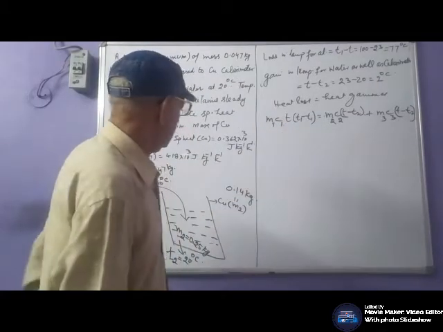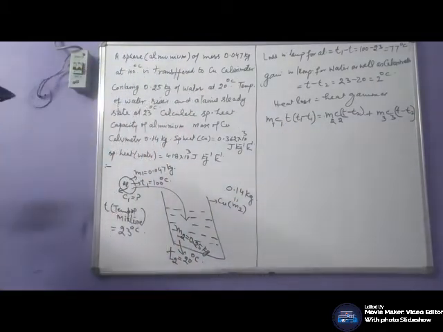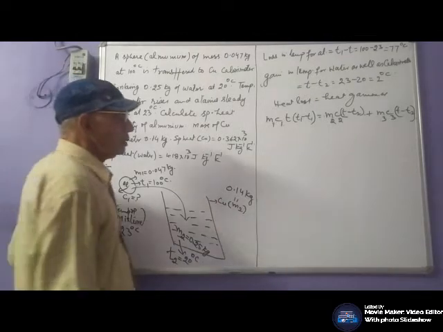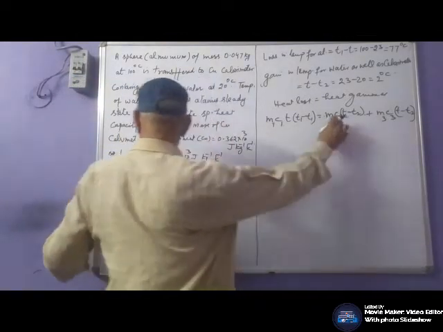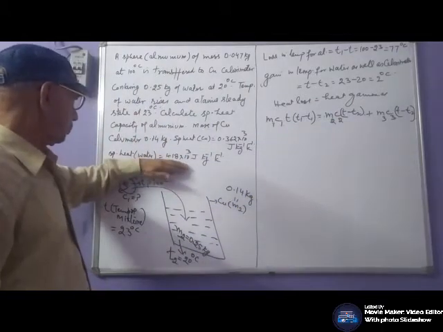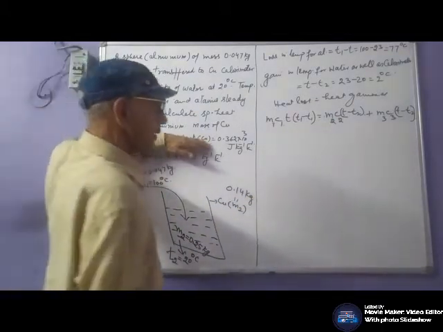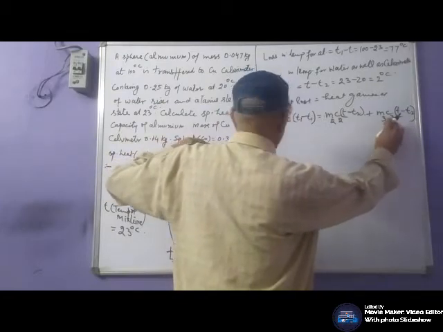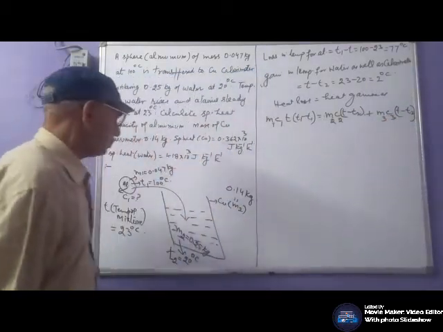Other things are given. This is C2, specific heat of water. C3, specific heat of copper, it is given.